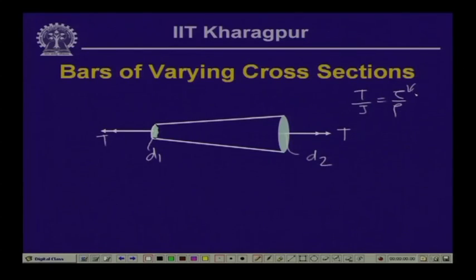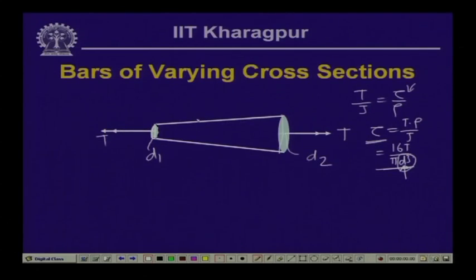So, from this, if we compute the shearing stress tau, this is T rho by J, and in terms of diameter this is 16 T by pi d cube. Now, this shows that the shearing stress tau will be higher if d is lower. So, for the lowest diameter we will get the highest stress in such a bar.